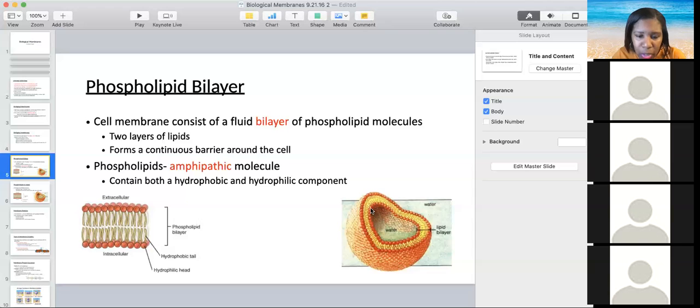And then if you look here, we also have the head regions creating this internal compartment, which is also an aqueous environment. And then here in the middle, we have these hydrophobic tails creating that thick phospholipid fluid bilayer. Okay, so you should be able to understand and describe the structure of this phospholipid bilayer.